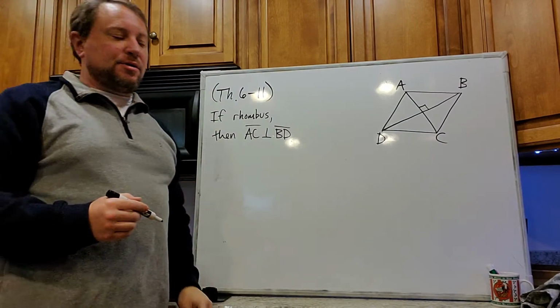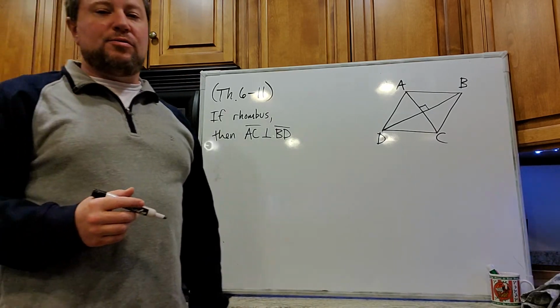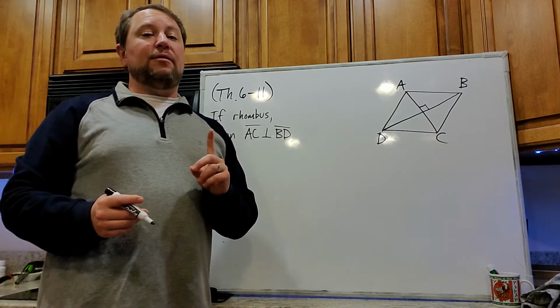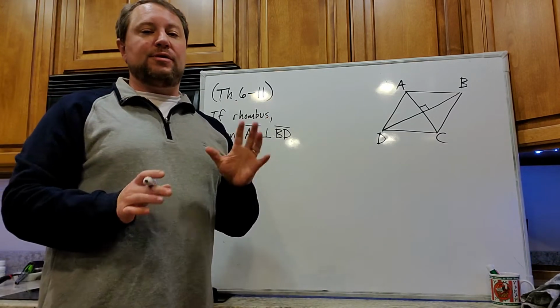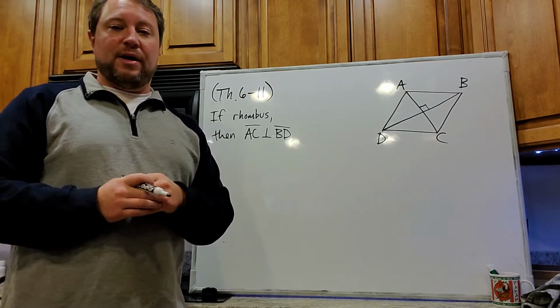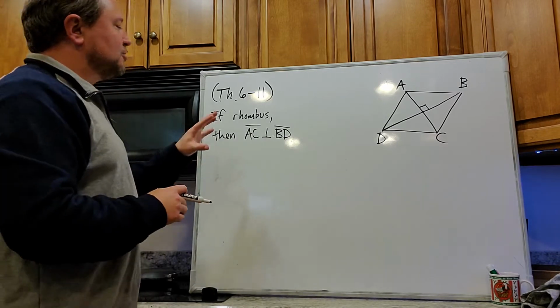Now theorem 6-12 is our next theorem on our list. In theorem 6-12, it's basically the converse of this idea. Although like parallelograms, when we did a converse on those, or I should say the rectangle, in fact, when we did our converse on that section as well, it's not a true converse.